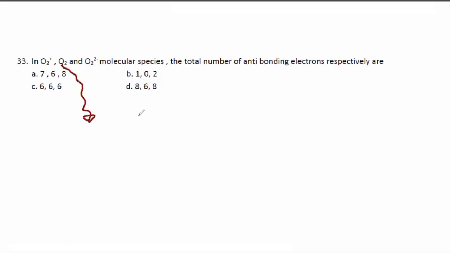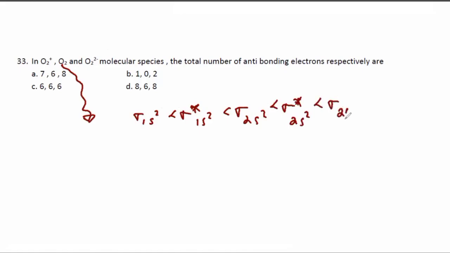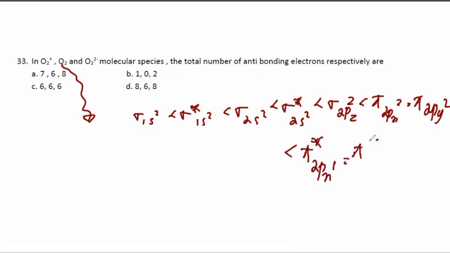In O2, the configuration is sigma 1s2, sigma star 1s2, sigma 2s2, sigma star 2s2, and O2 follows the second order, with 2s-2p mixing: pi 2p x2 equal pi 2p y2, less than sigma 2p z2, then pi star 2p x1 equal pi star 2p y1.